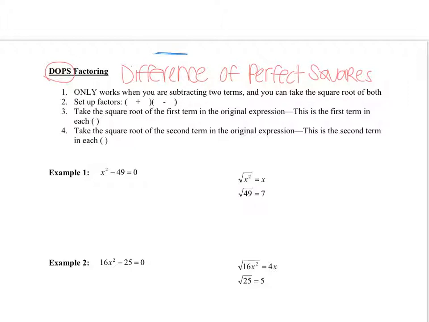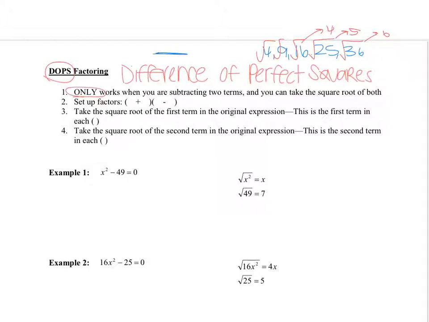You can subtract perfect squares, meaning numbers like 4, 9, 16, 25, 36, because you can take the square root of every single one of these and get a whole number. Like square root of 16 gives you 4, square root of 25 gives you 5, square root of 36 gives you 6, so on and so forth. Okay, so the difference, the subtraction of perfect squares.